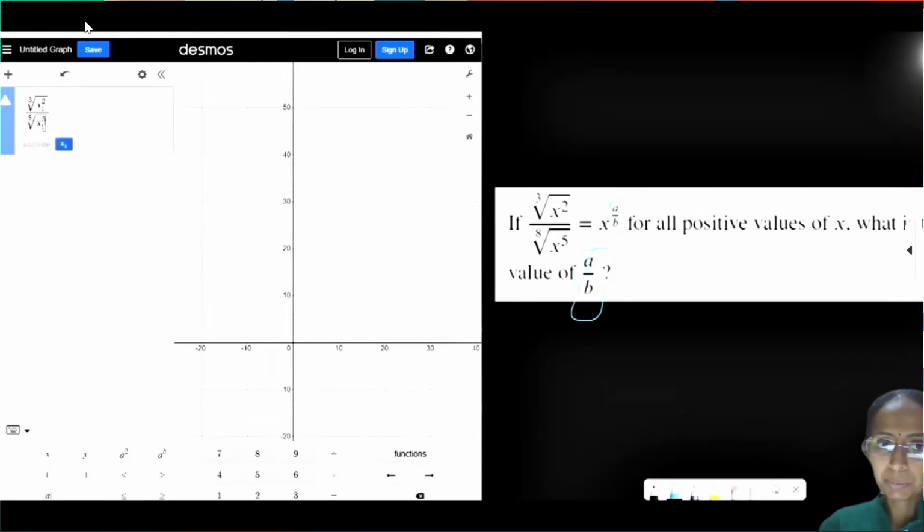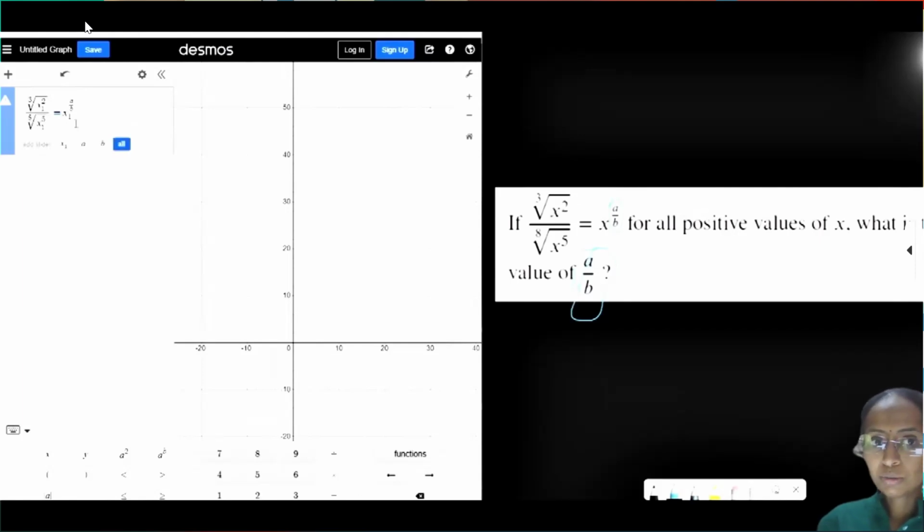A subscript is there and a superscript, which is the power of that number. Now this is equal to x to the power A by B. So we write equals x1, a subscript again over here, to the power of A upon B.